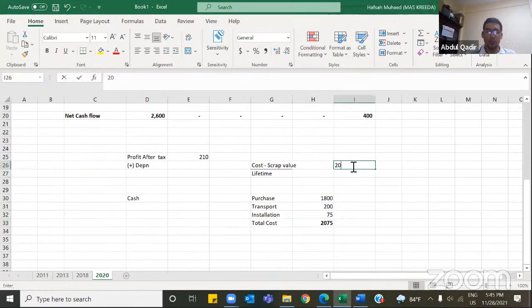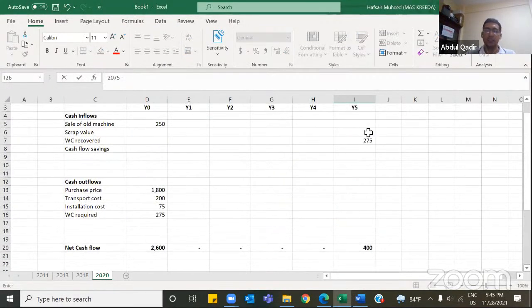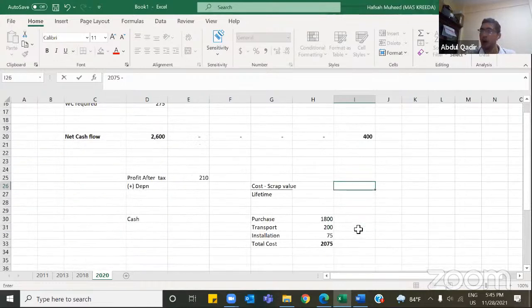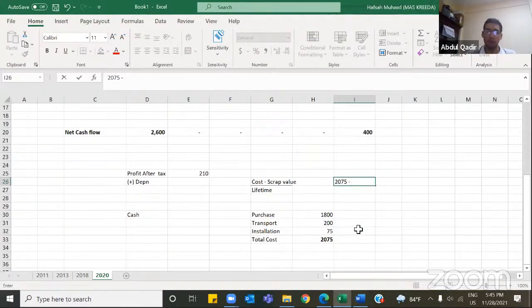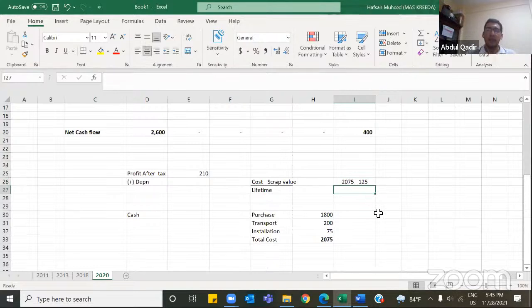So 2075 minus my scrap value. How much is scrap value? I can sell the machine for 125. It's not the scrap value you're selling the old machine for, it's the scrap value of the machine you're buying, which is 125. It might seem easy when you're practicing with me, but in the exam be careful because you might go wrong. And you divide it by the lifetime of 5 years.